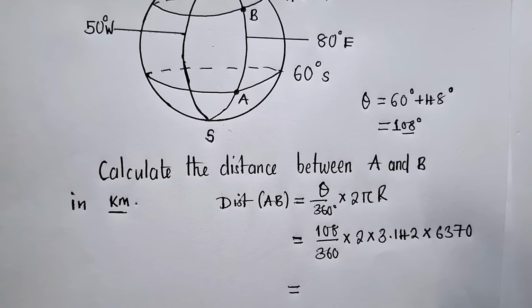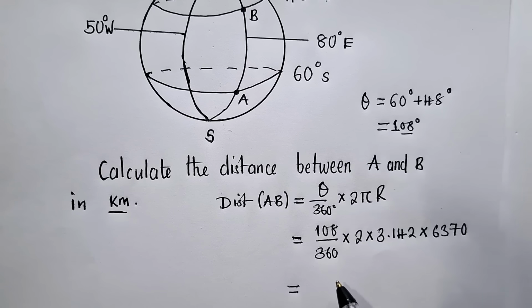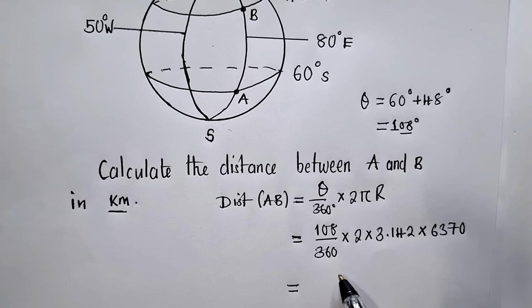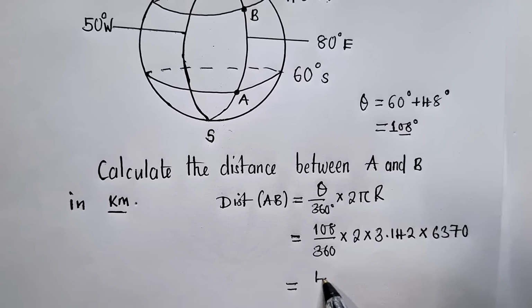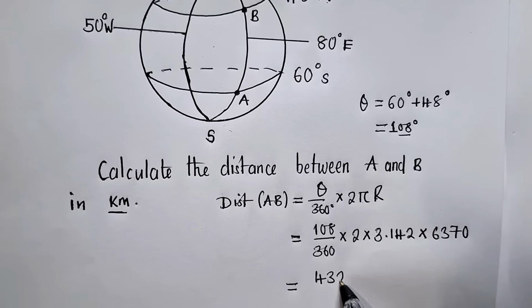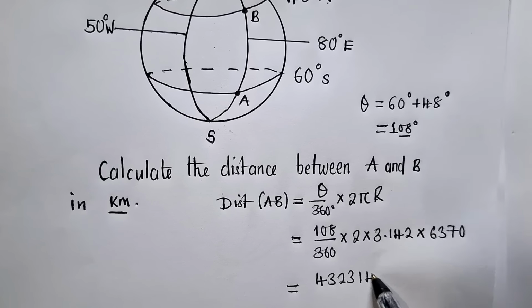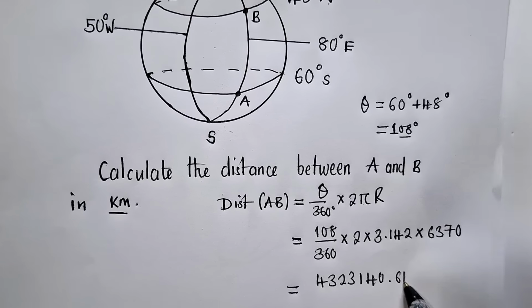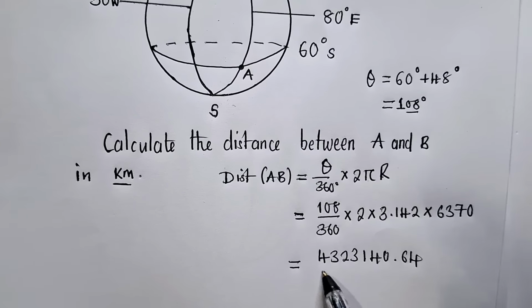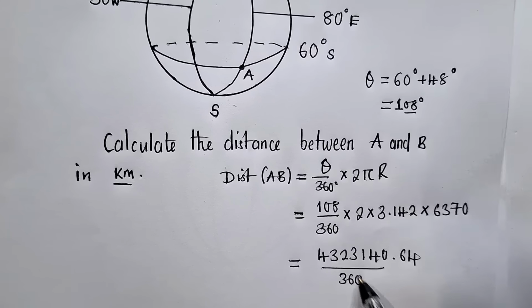So when we multiply, this is giving us 4,323,140.64. So we divide by 360.